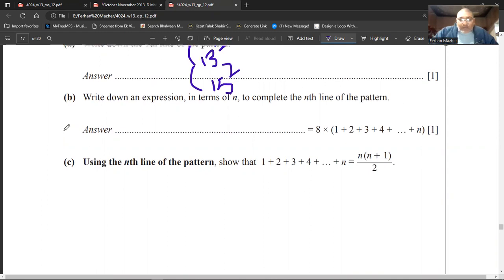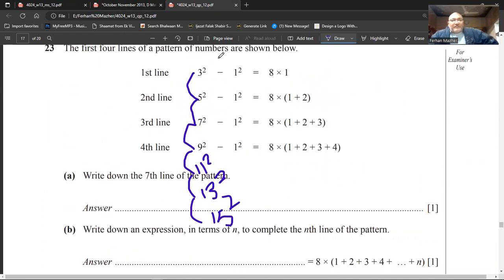According to the formula, if you look here, what is 3? 3 is 1 plus 2. And what is 5? That is 1 plus 4. And what is 7? Sorry, I should write here 1 plus 4.